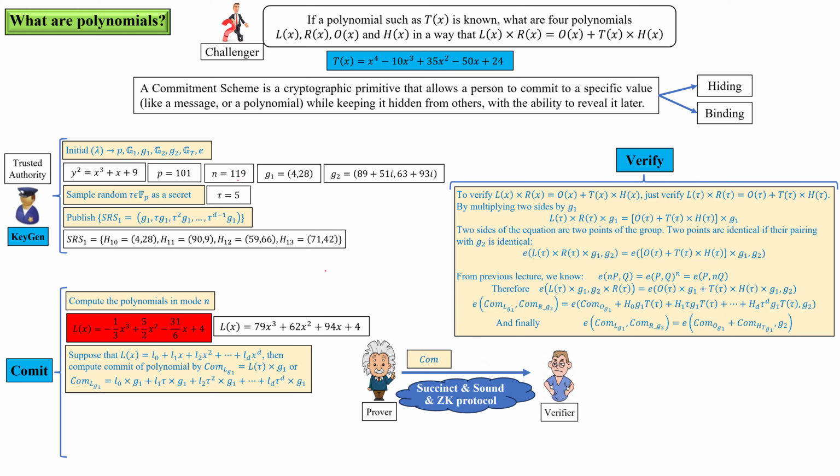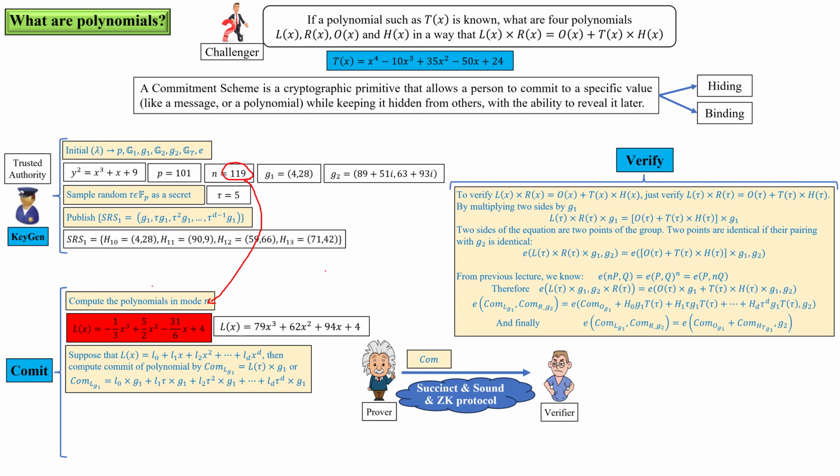So the value of n equals 119. So the polynomials should be computed in mod 119. The prover already knows the 4 polynomials, and the coefficients in those 4 polynomials are float values, so they should be computed in mod 119.